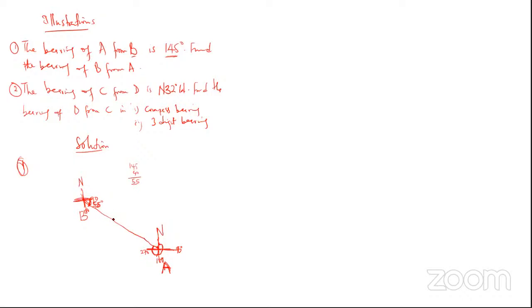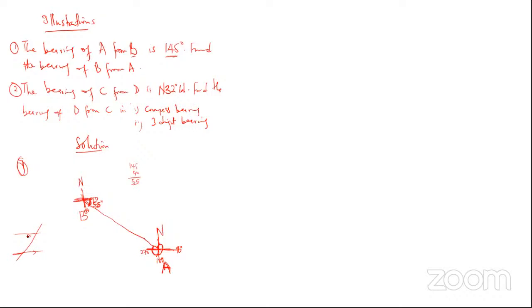Now, there's also a principle that we have learned before. We call it the alternate angles. How do we always get alternate angles? Anytime you have 2 parallel lines and you have a transversal. In this case, we can form alternate angles.